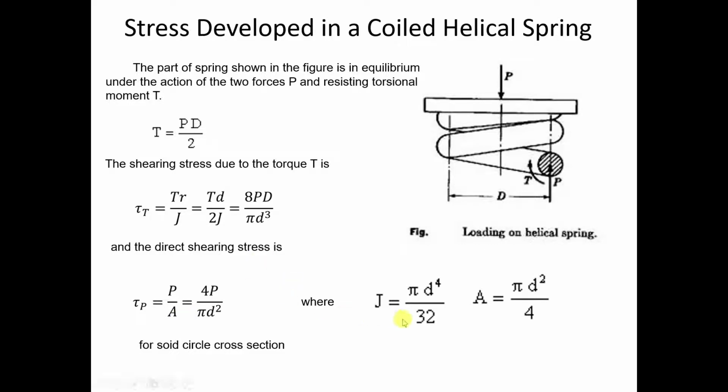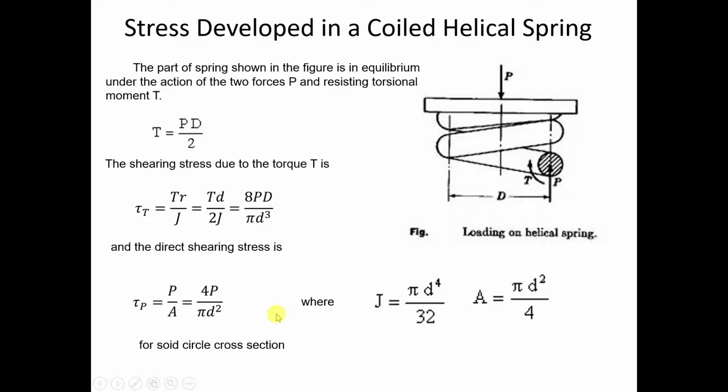And if you put all the values, that is polar moment of inertia J equals pi d to the 4 by 32, and area A will be pi d square by 4, you will have the equation that the shear stress developed due to the torque T is tau T equals 8PD by pi d cube, and shear stress due to the reaction force P will be tau P equals 4P by pi d square.